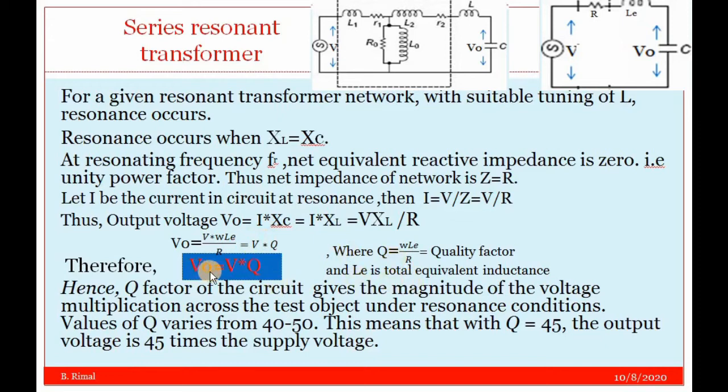That is, what we can say is the output voltage is Q times, or the quality factor times, the input voltage V. Hence, if a circuit is made with quality factor 45, then the output voltage will be 45 times that of the supply voltage. Hence, a high AC voltage can be generated by this method.